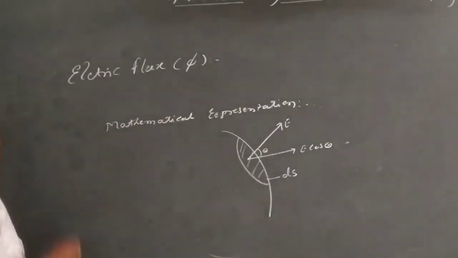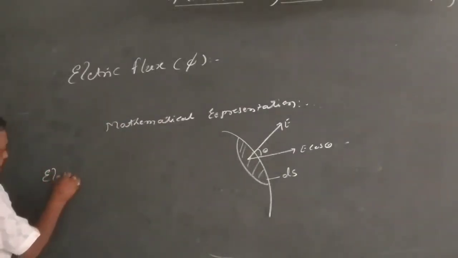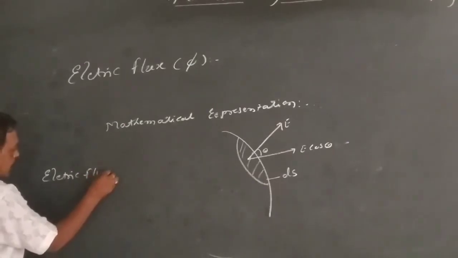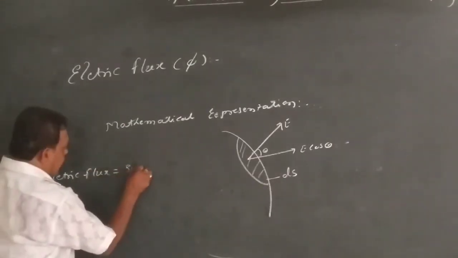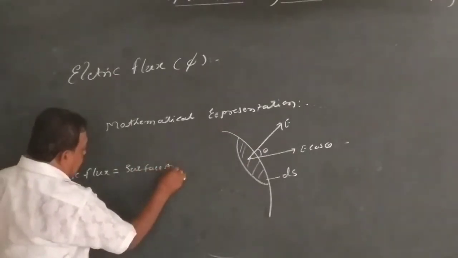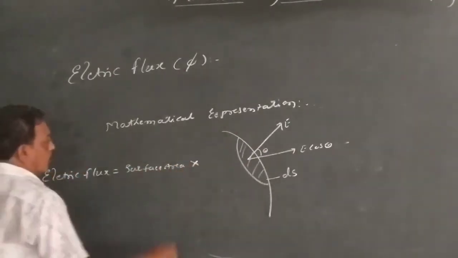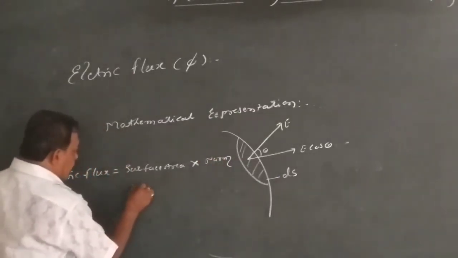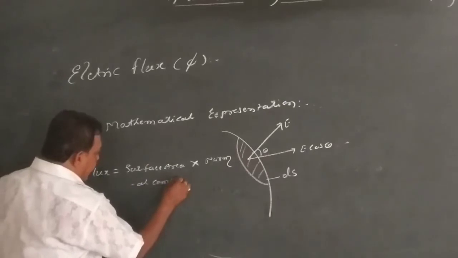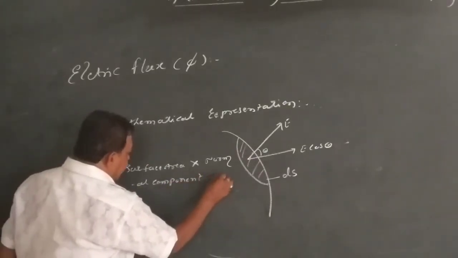Then the electric flux is given by surface area into the normal component of the electric field.